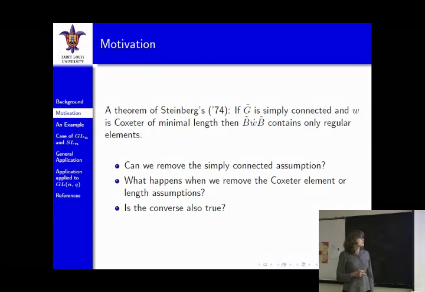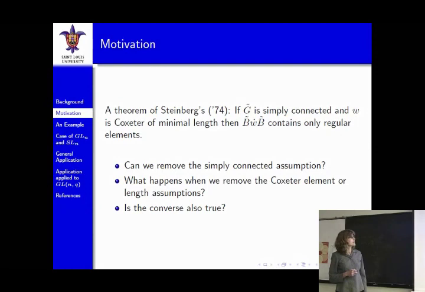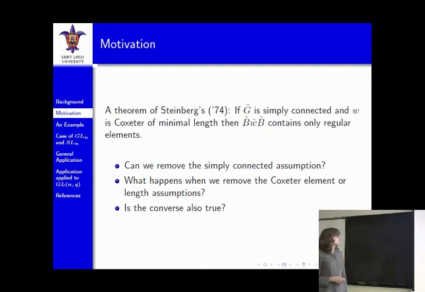What happens if we remove the Coxeter element assumption or the length assumption? Or both. And what about the converse? Is the converse true? So if this Bruhat cell contains only regular elements, does that mean that Weyl group element is Coxeter of minimal length? I mean, it's a converse.